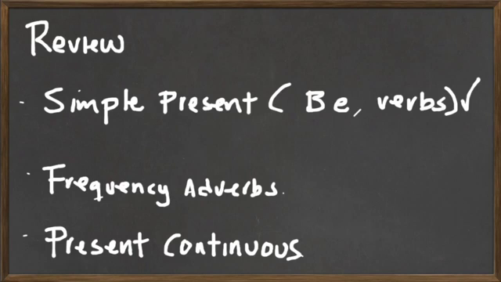The second one is frequency adverbs, these words that express how frequently we do an action. And the last one, last but not least, is present continuous for actions that are happening at the moment of speaking.